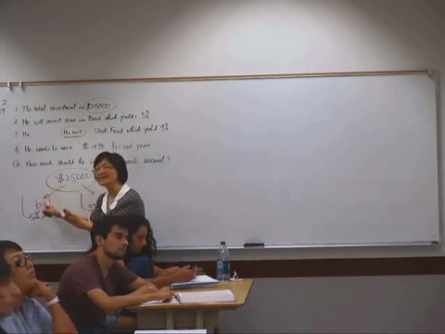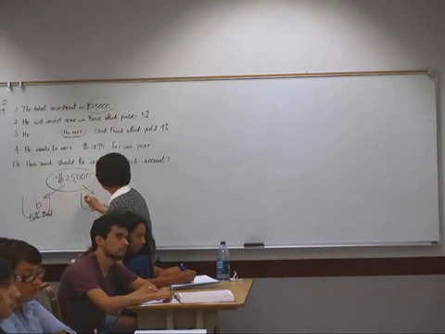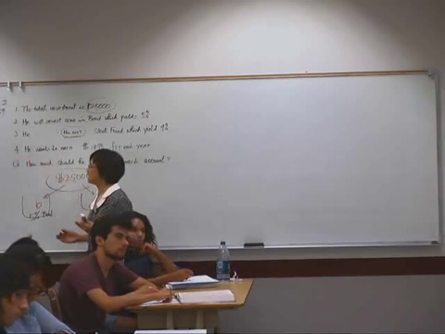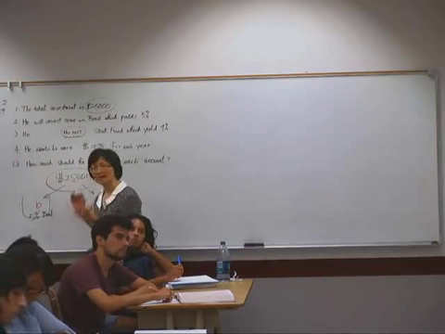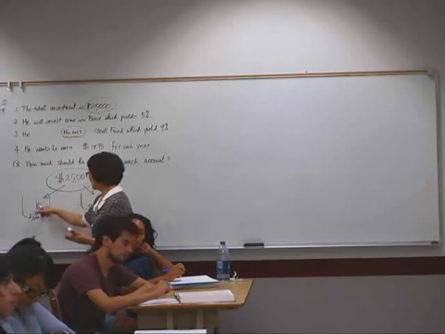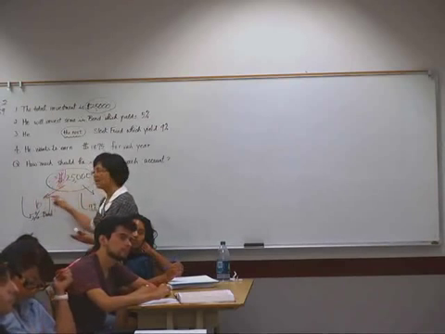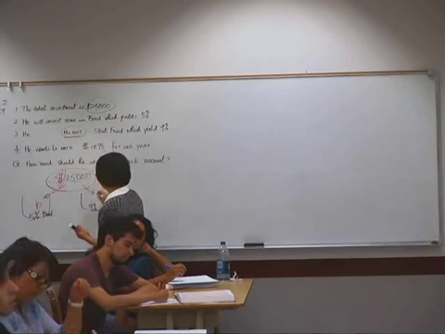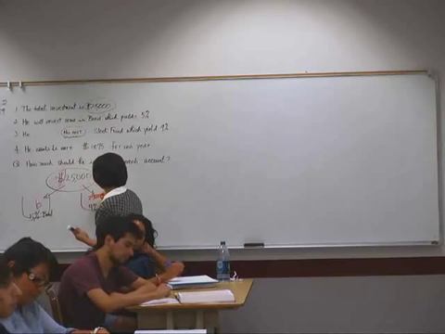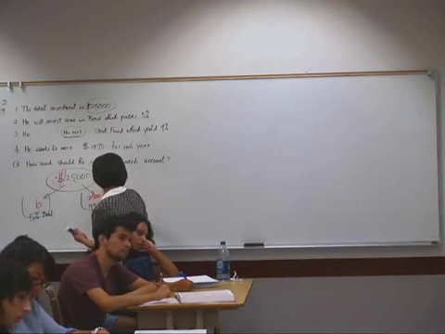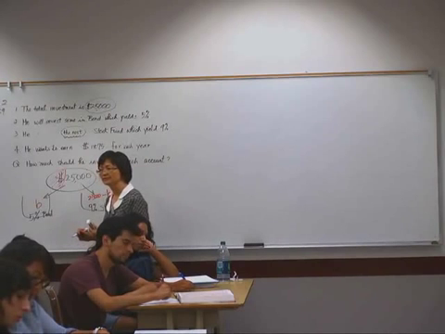25,000 minus B. Am I correct? So why is it 25,000 minus B? Tell me, why? The rest. Because I take away part of it, right? This part is B. So what is the rest? It is the total, take away B. Take away the bond.